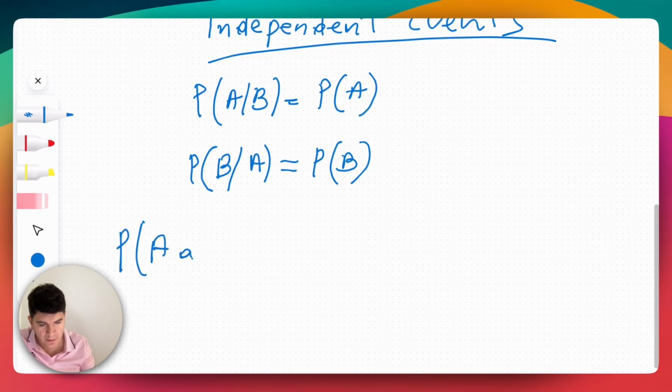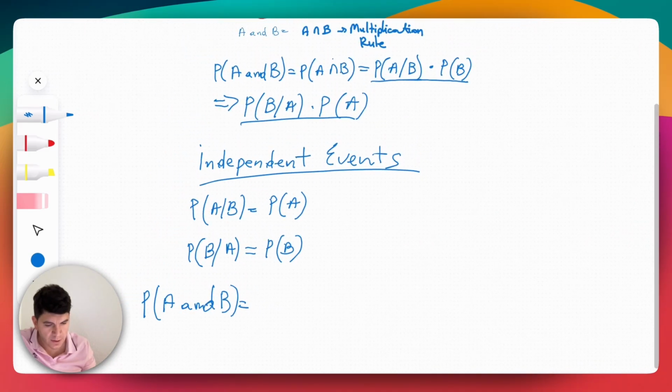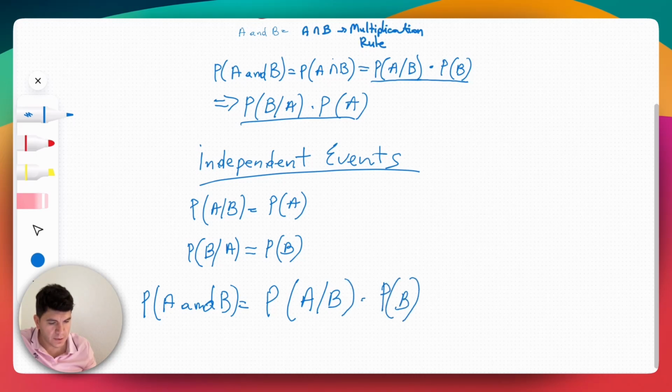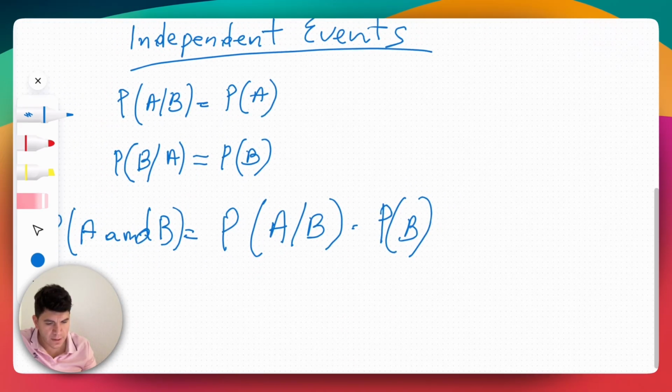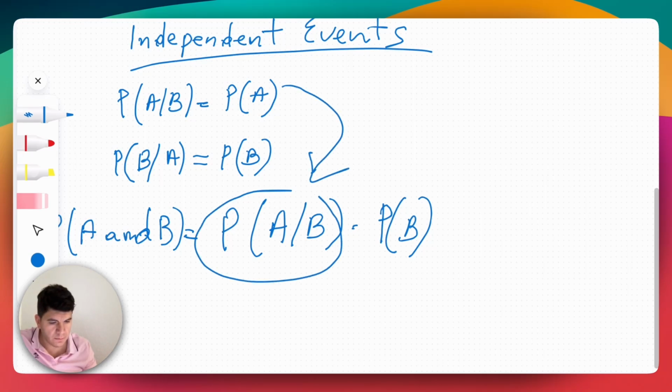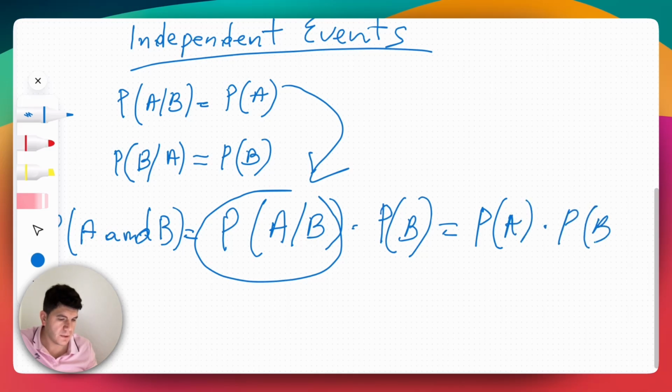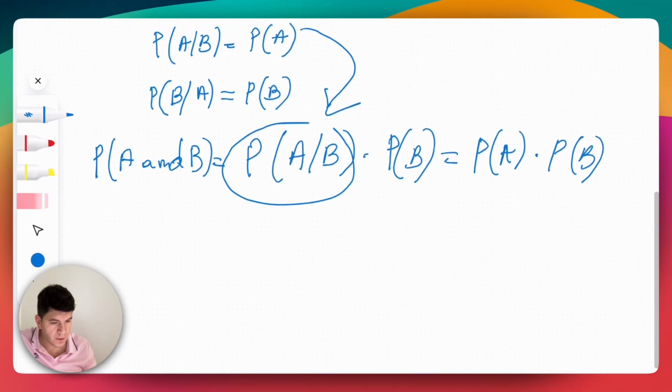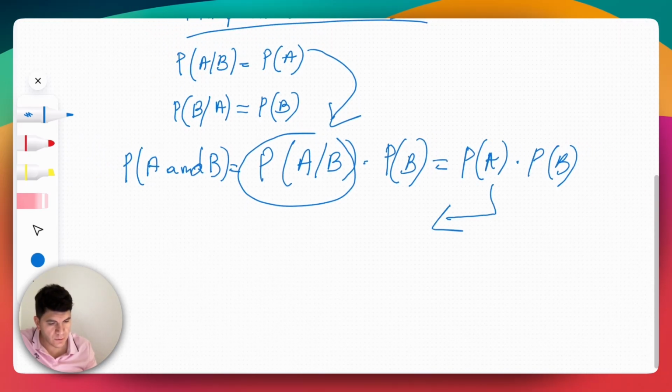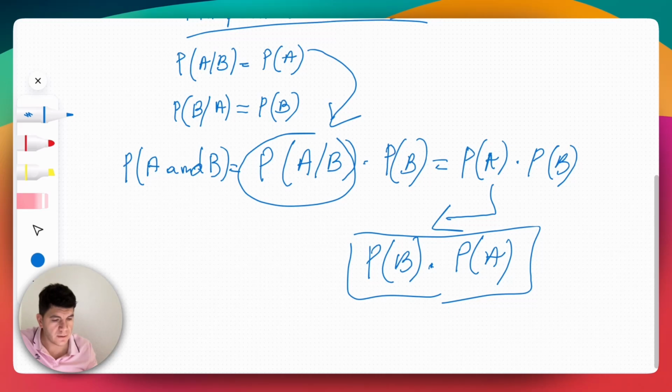So the probability of A and B is going to be, again, if we take the same logic, the probability of event A happening considering B has already happened, multiplied with the probability of event B. Here we are going to replace that part with P(A). So we obtain the formula: probability of event A multiplied with the probability of event B. In other words, it's also equal to the probability of event B multiplied with the probability of event A. So now you understand how this formula works for independent events, okay?